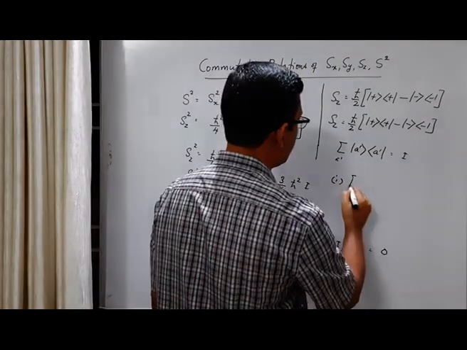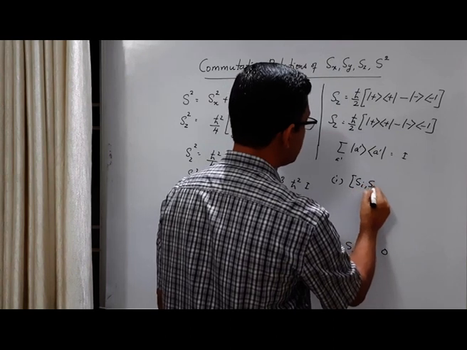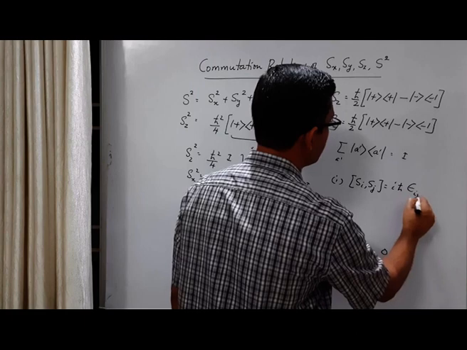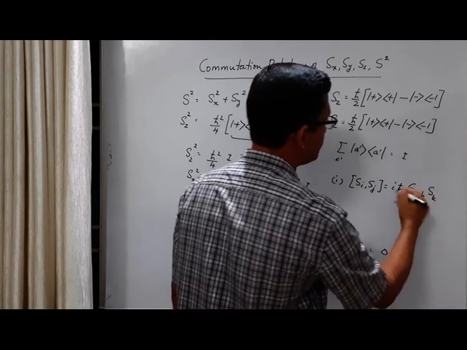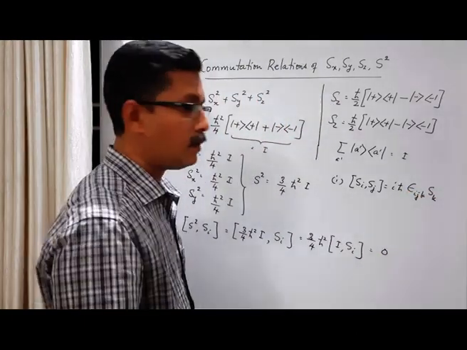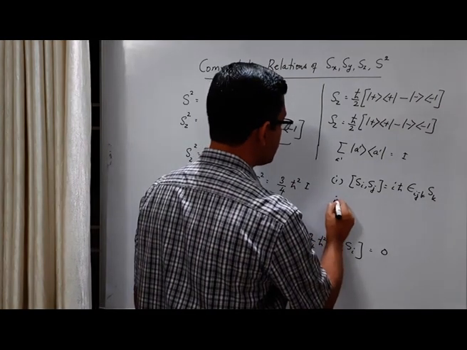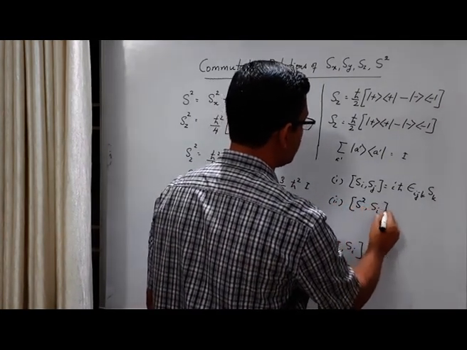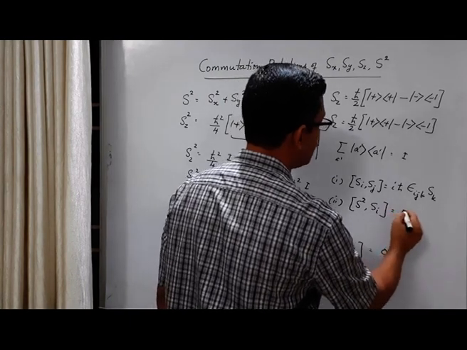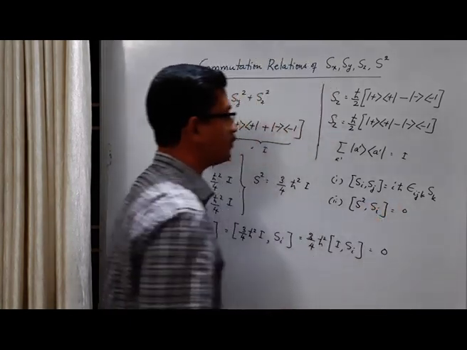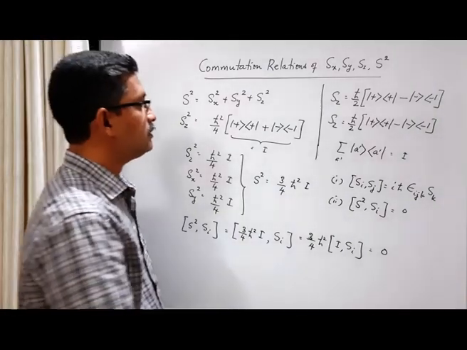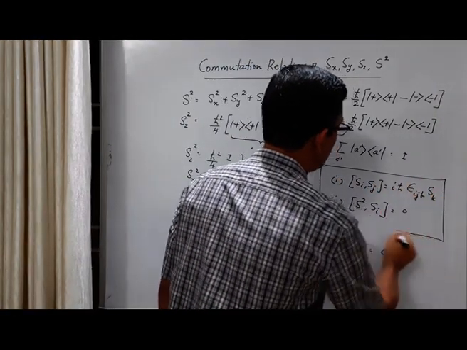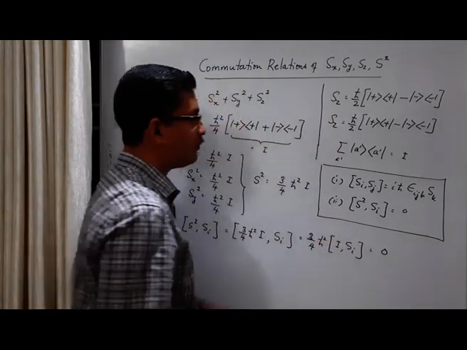One is Si, Sj is i h cross times epsilon ijk Sk, where i, j, k are x, y, z or 1, 2, 3. And second is S square, Si: commutation between S square and any component of spin operator is 0. Okay, these are the fundamental commutation relations between the components of a spin operator, and these are very general.